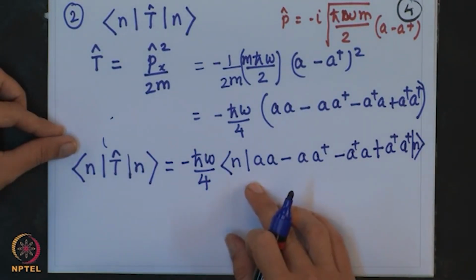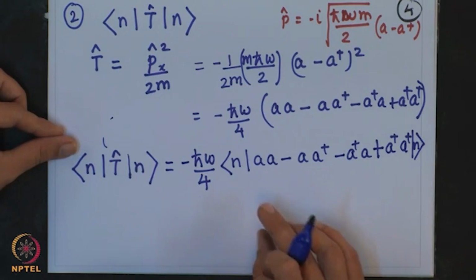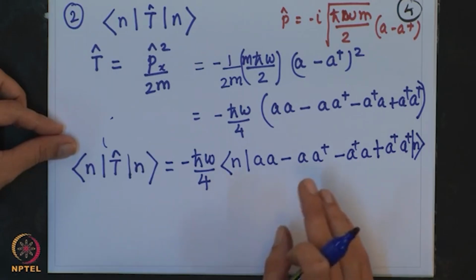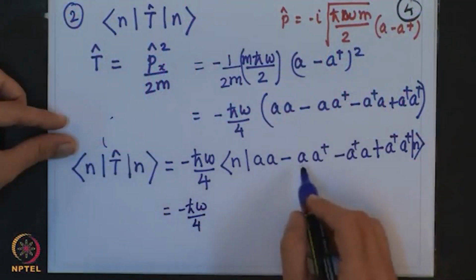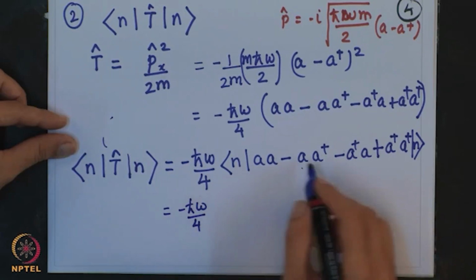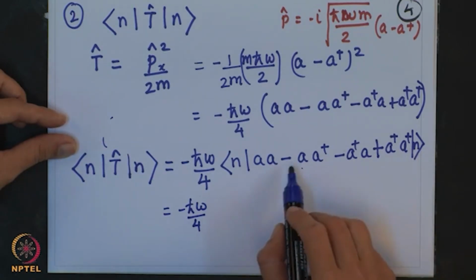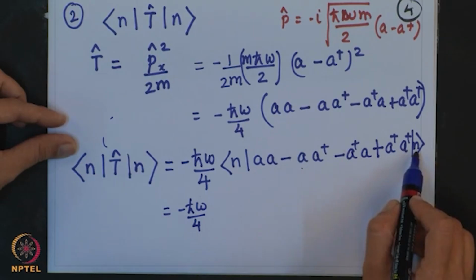Again, we have seen last time, I just told in one sentence that in the previous problem, if you have an equal number of creation and annihilation operators, that term would contribute, otherwise the term with an uneven number of creation and annihilation operators would give you a 0 result. Okay. So, with that intuition, these two terms would give me, so a dagger when operated on n would give me n plus 1, and when you operate a on n, I will get n minus 1.